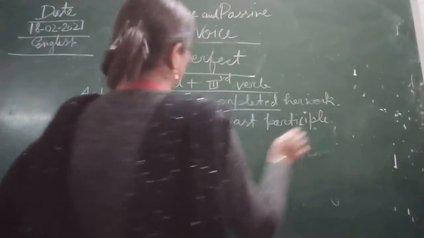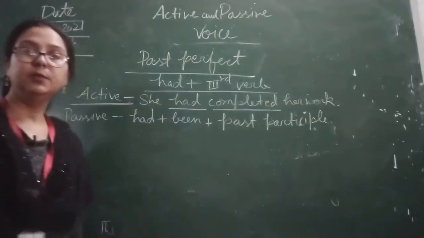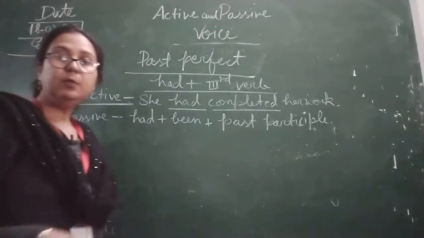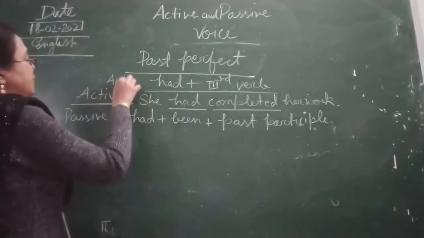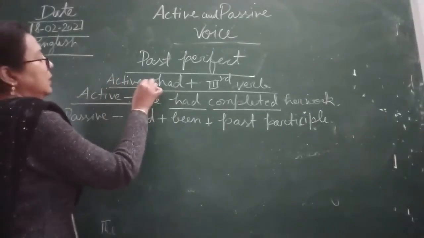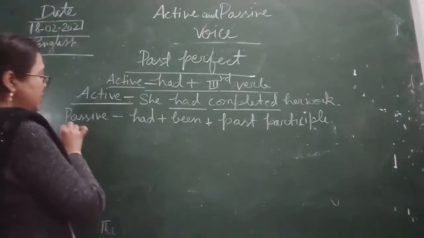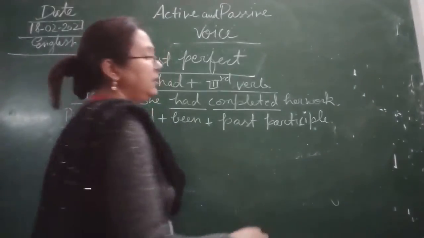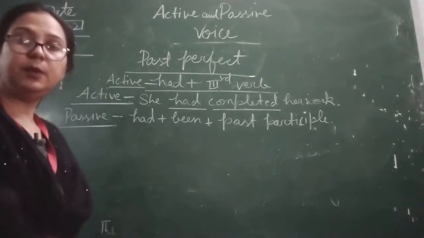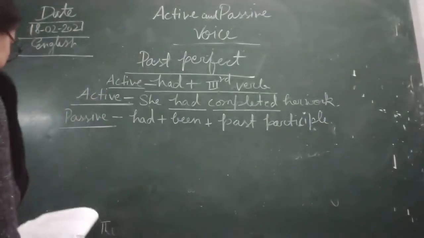Okay children? Had plus been plus past participle. Children, write it down because this rule we have discussed. This is the active voice rule: had plus third form of the verb or past participle. Now in passive voice, we are using had plus been plus past participle. Okay children?